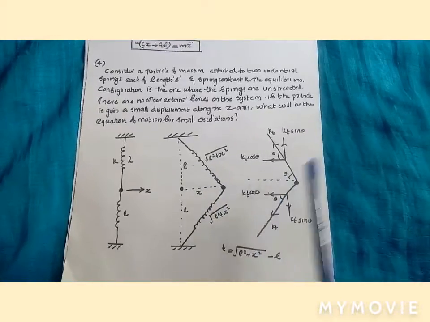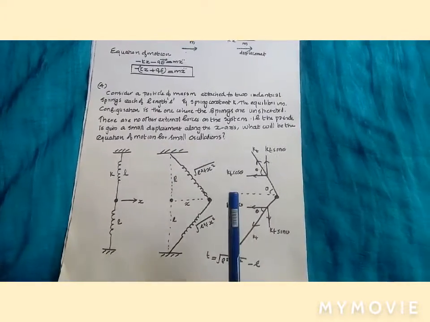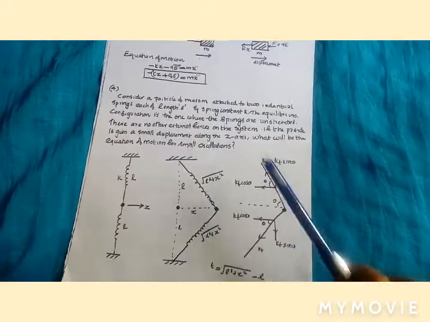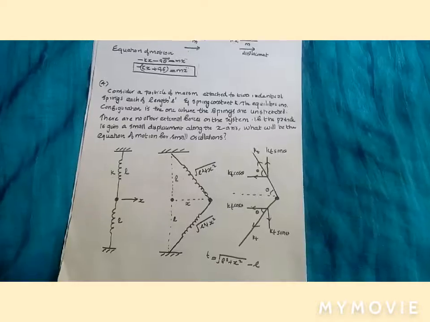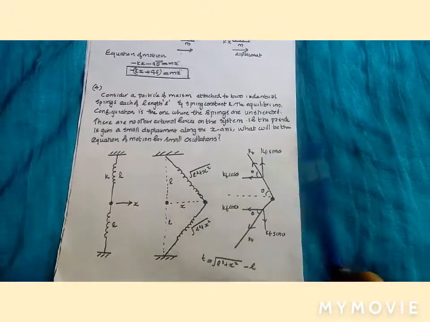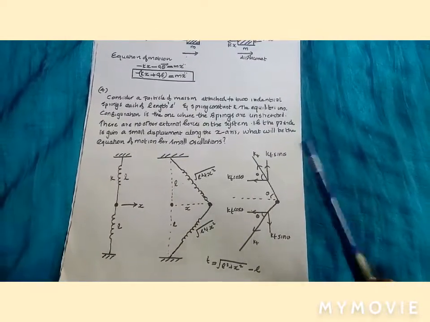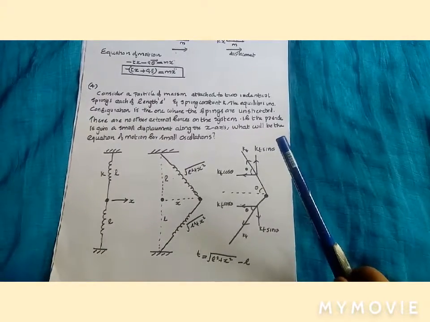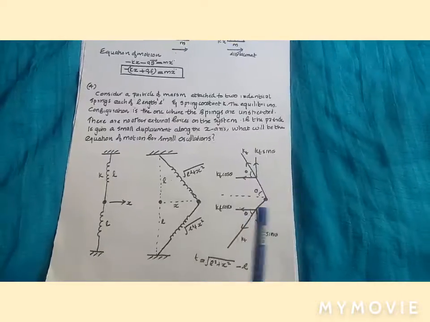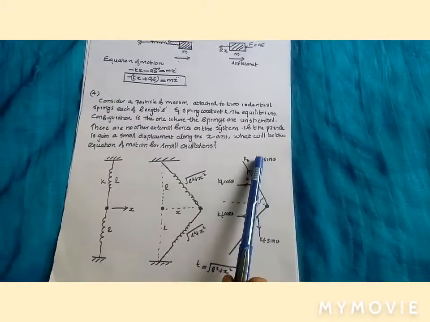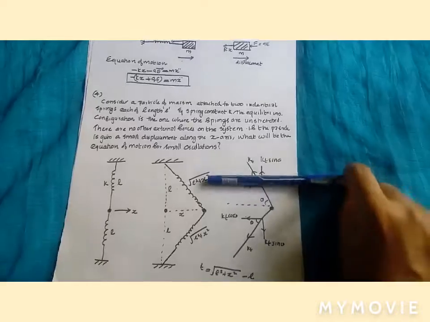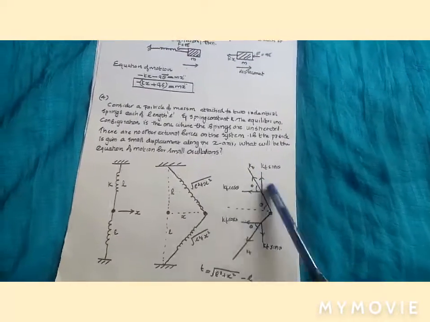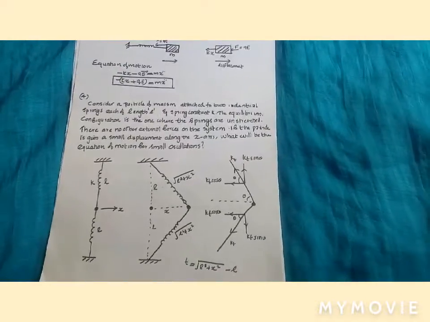The springs experience restoring forces kt, where t is the extension, that is under root L square plus x square minus L. After resolution, we have kt sin theta and kt cos theta from each spring. The kt sin theta components are in opposite directions, so they cancel.